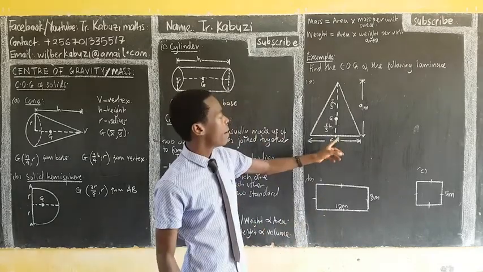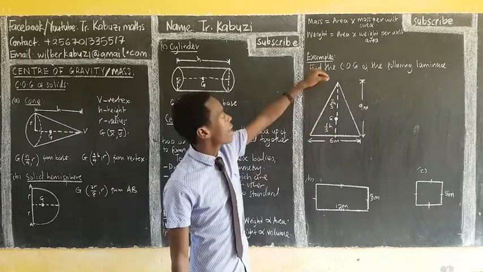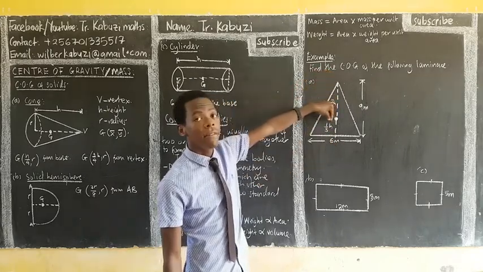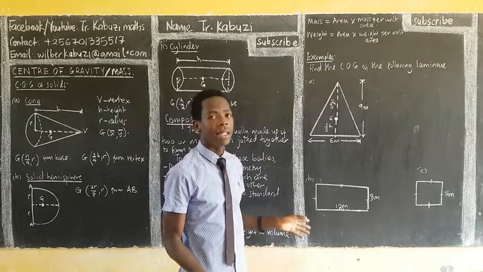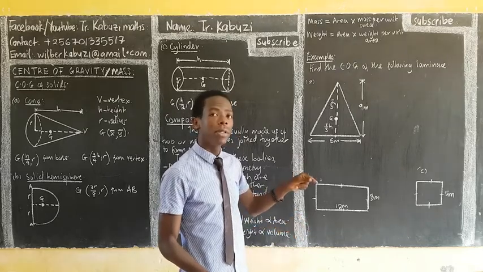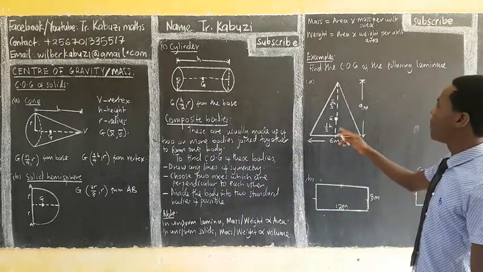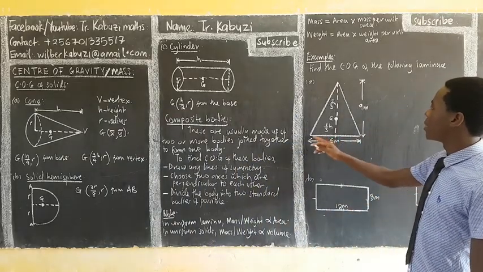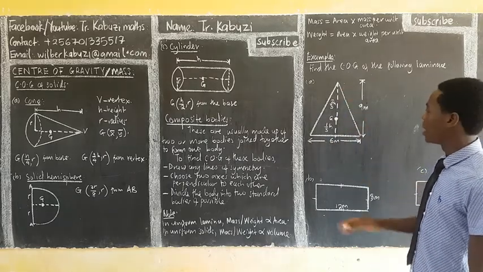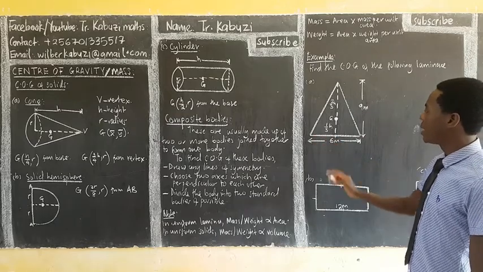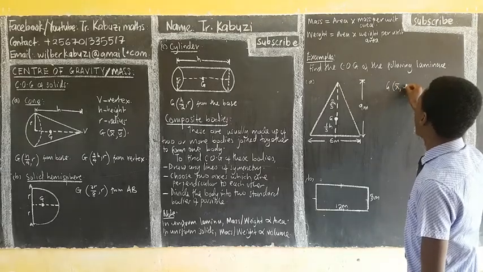So always from the base, if you want the length from the base, you get a third times the height you have. Or if you want the length from the vertex to the center of gravity, you get the height multiplied by 2/3. So any way you define it, it is okay. But you have to say from where. Okay? So now, let me get it from the base. Of course, you see that this one is divided into 2. And you see that it's always on that line of symmetry. So from here to here there are 6, meaning my center of gravity is going to be x bar, y bar.